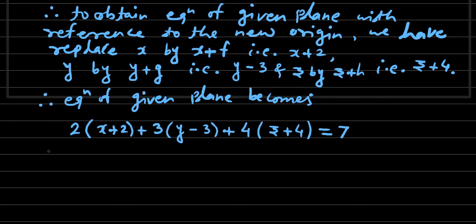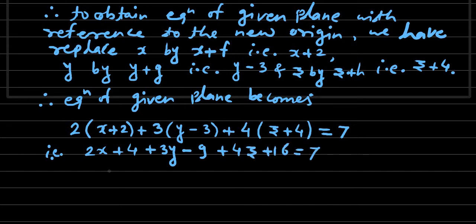So we'll simplify this one. That is 2x plus 4 plus 3y minus 9 plus 4z plus 16 equal to 7.